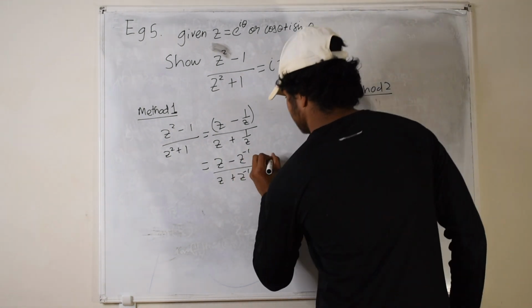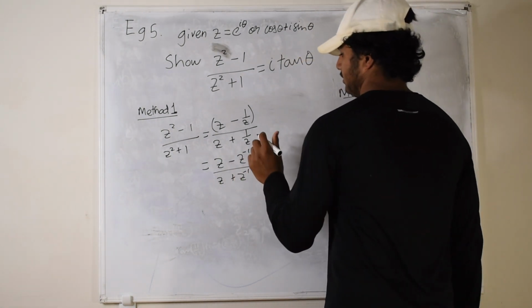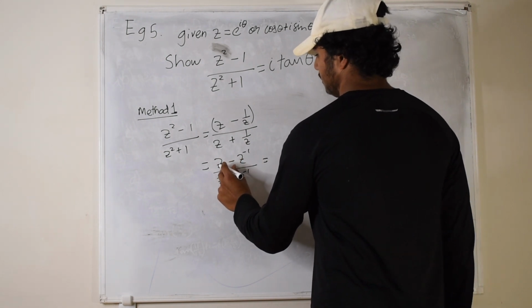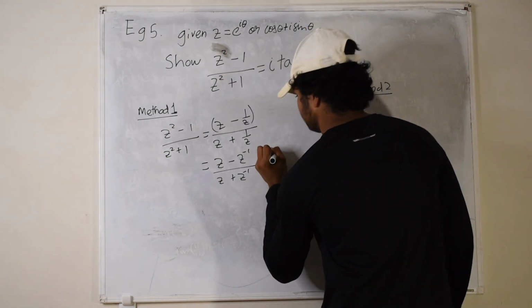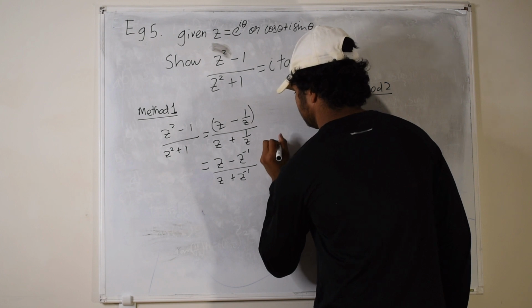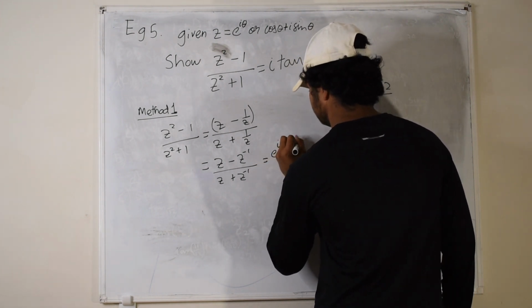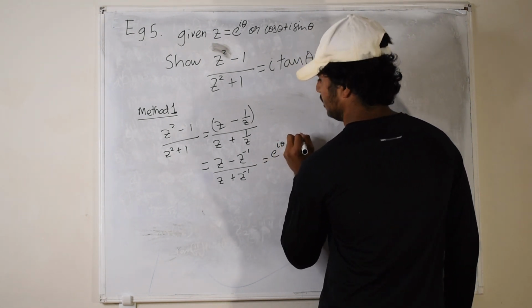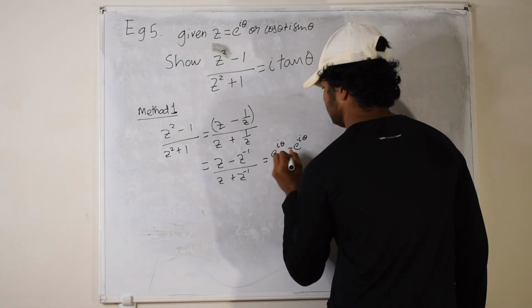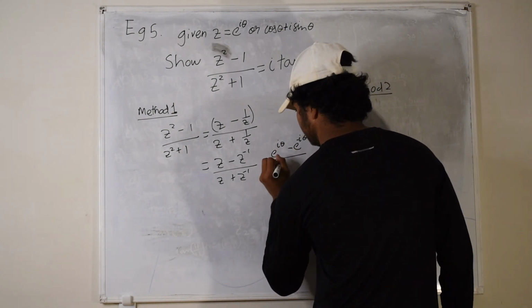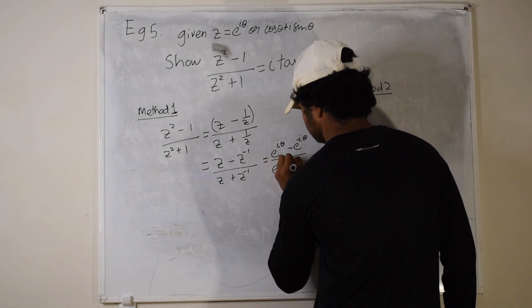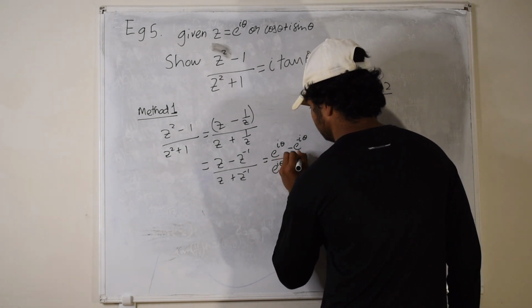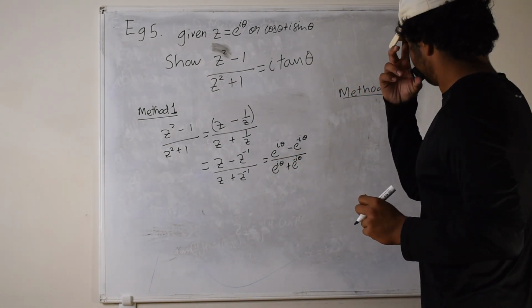So we can rewrite this, or we can sub it in first to make it a little easier: e to the i theta minus e to the negative i theta, upon e to the i theta plus e to the negative i theta.